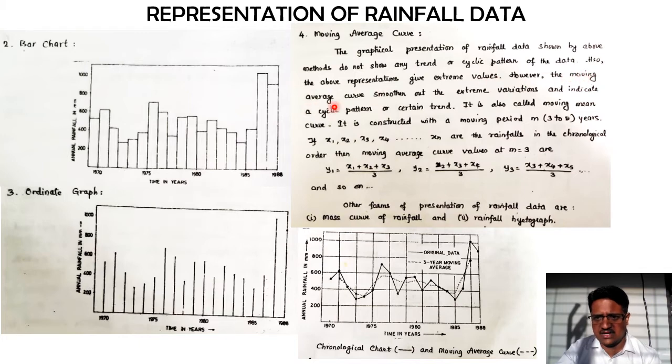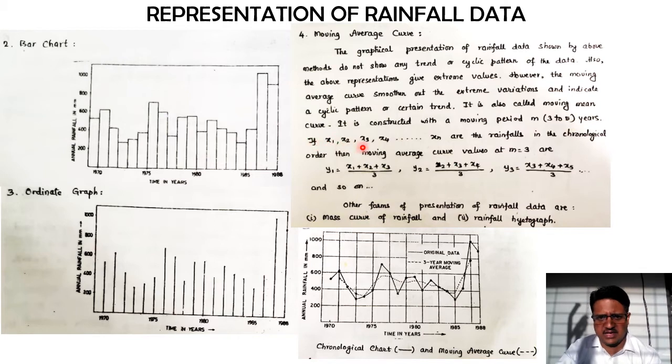However, the moving average curve smoothens out the extreme variation and indicates a cyclic pattern or a certain trend. It is also called the moving mean curve. It is constructed with a moving period of m equals 3 to 5 years.